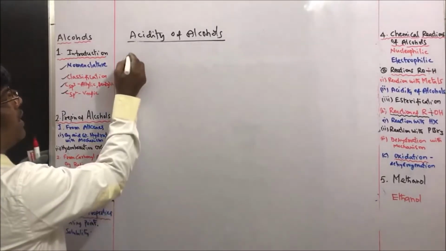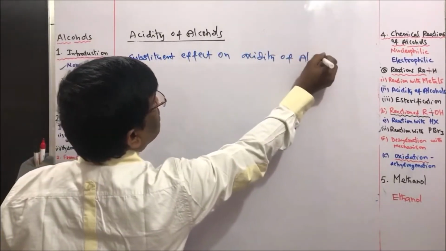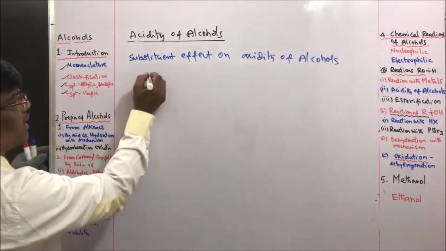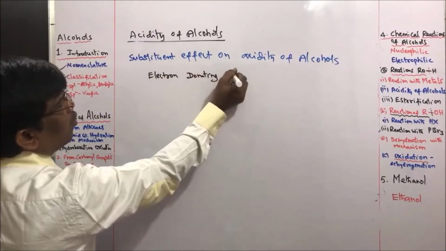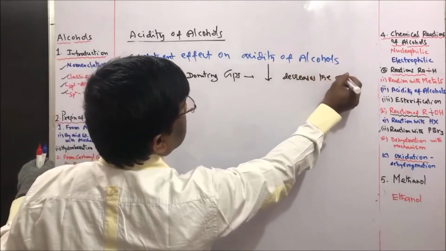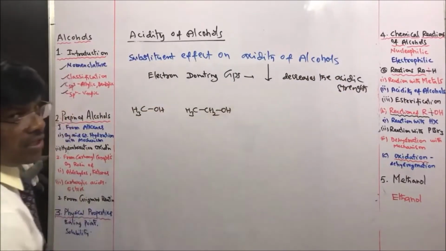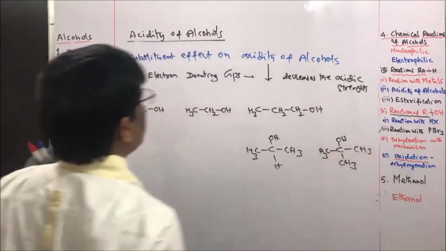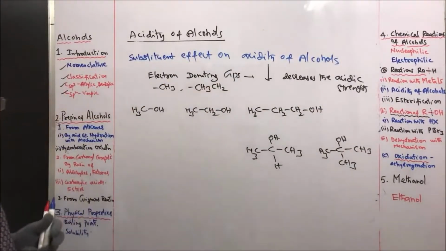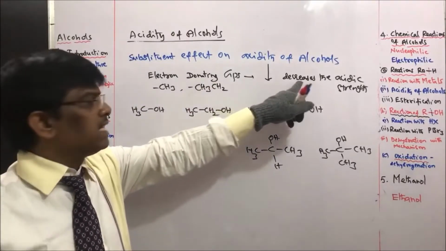So, substituent effect on acidity of alcohols. Electron donating groups decrease the acidic strength. For example, methanol CH3OH: electron donating groups, for example methyl, ethyl and alkyl groups, are going to decrease the acidic strength.